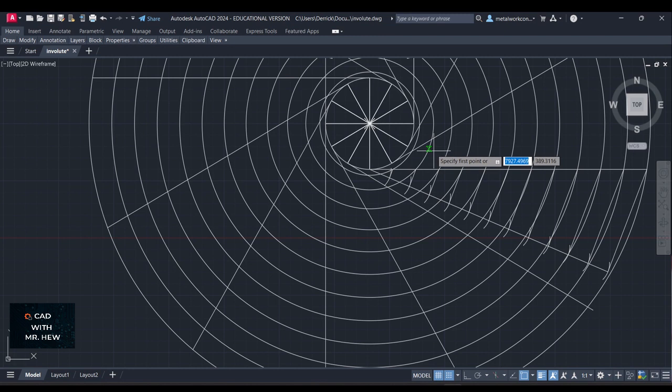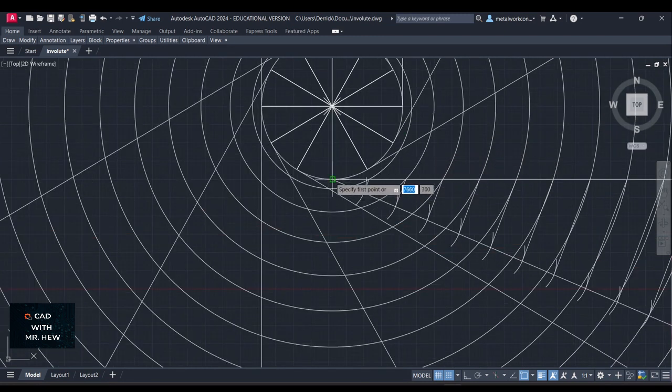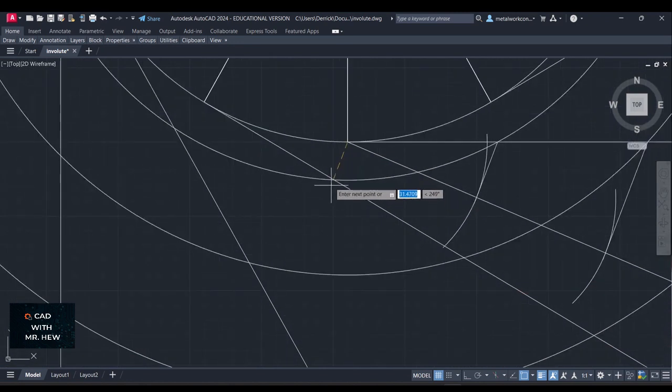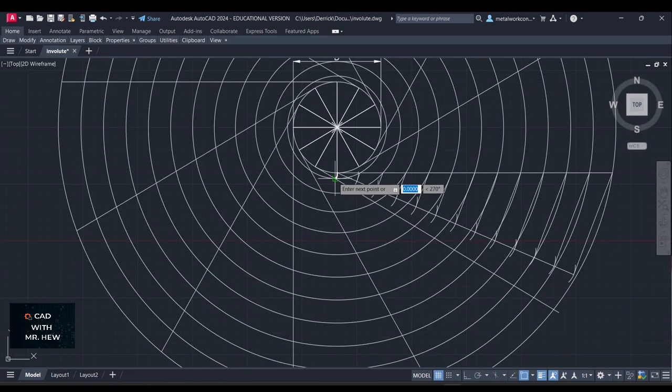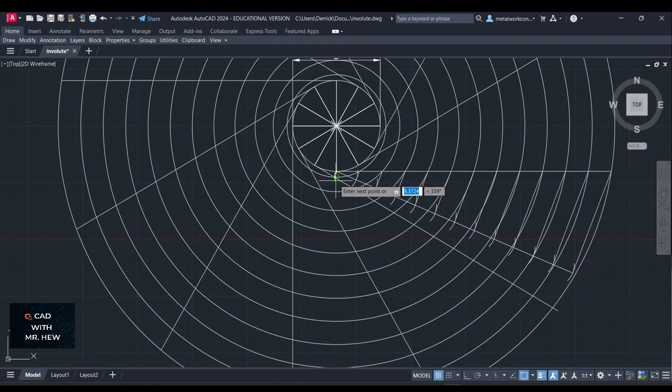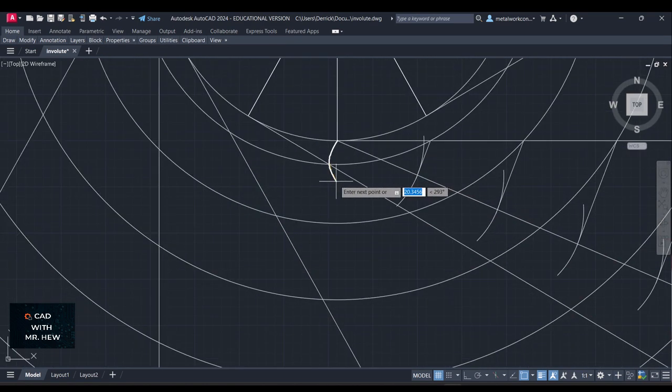So the first point would be at the start of the circle right there, right? Then the next point would be right here. Let me go back. Follow? The next point would be right there.